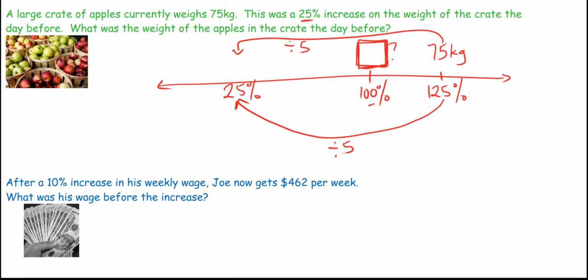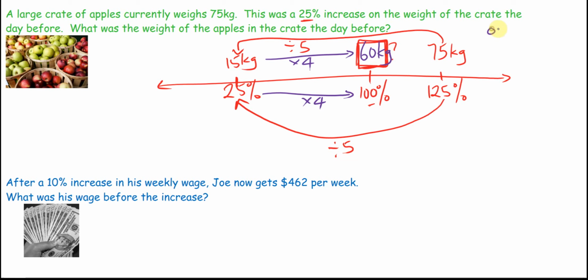So 75 divided by 5 gives me 15. So 15 kgs is the same as 25%. And now I can see that 25% up to 100%, I just need to multiply that by 4. So 15 kgs I also multiply by 4, and that gives me 60 kgs.